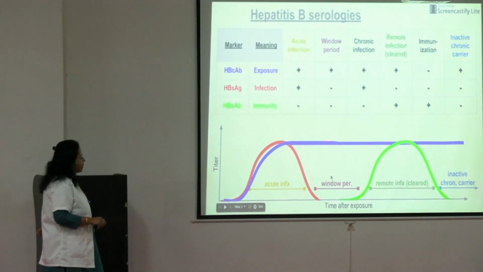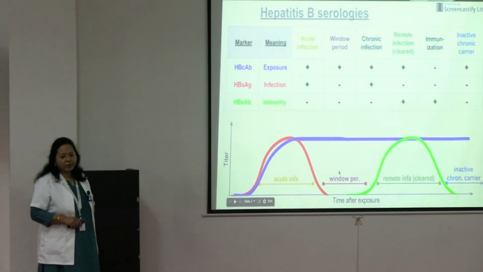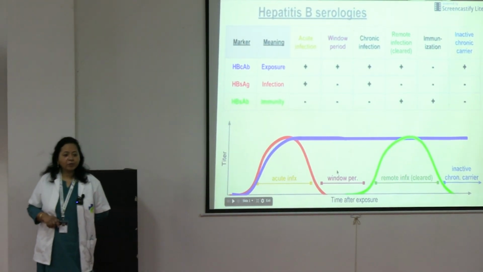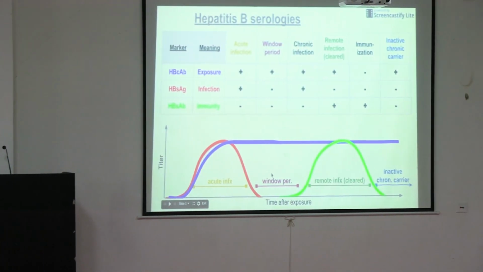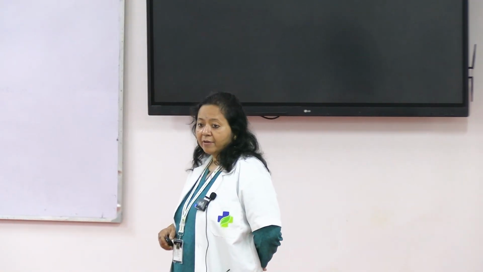So in the window period you can only detect this anti-HBc. Okay, so if you are a smart doctor, then you will ask for this also. Okay, let's go for this test. Why will you ask? Maybe he has some risk factors, like he is a drug abuser, obviously he will be out from blood donation, or he is a commercial sex worker, you know.